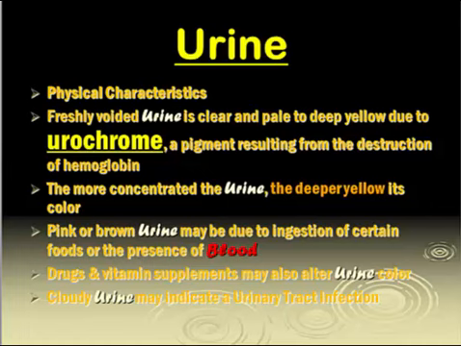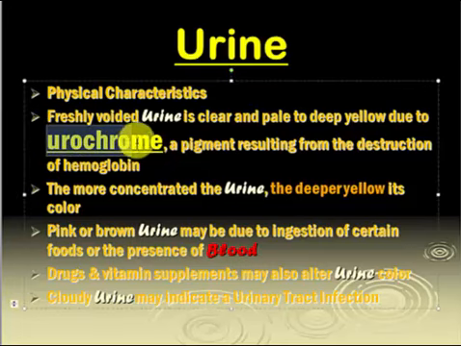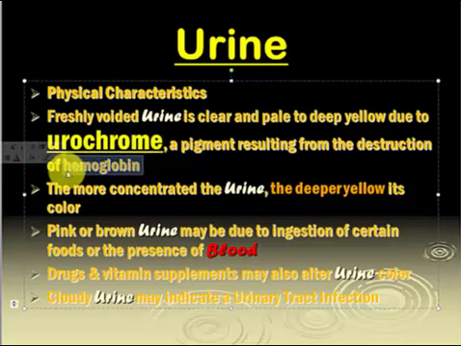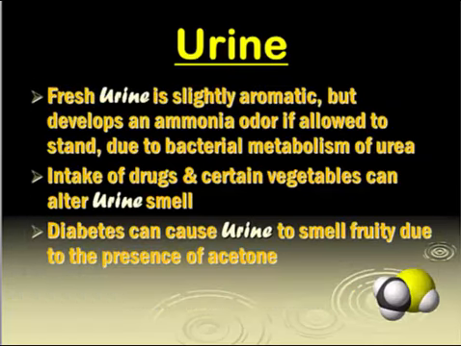As far as urine goes, remember that the color of urine is due to urochrome. It can be affected by the foods that you eat and the drugs or vitamins that you might consume. Remember, urochrome, which is the primary pigment of urine, is derived from bilirubin, which is derived from hemoglobin. As far as the smell of urine, it's slightly aromatic, meaning it has a mild odor.